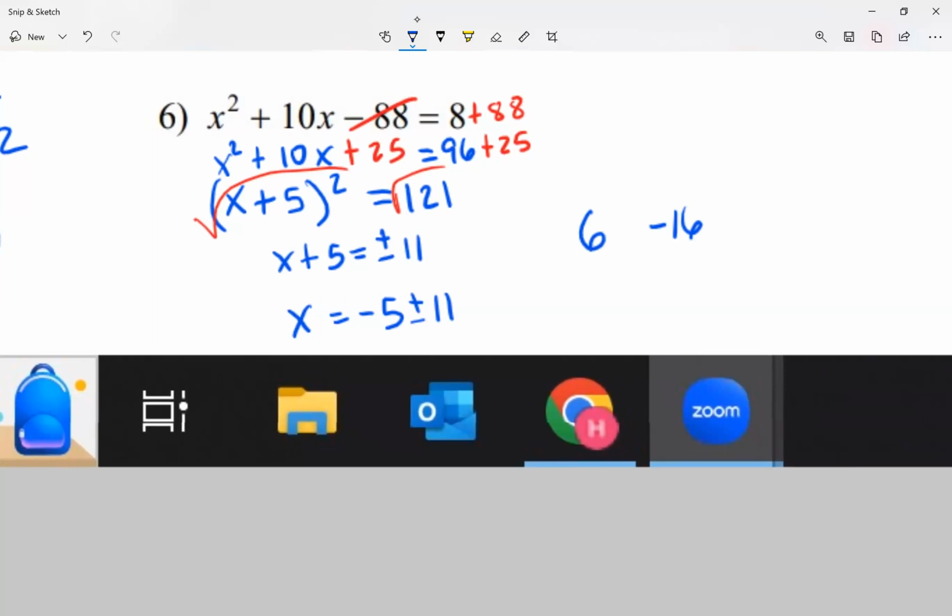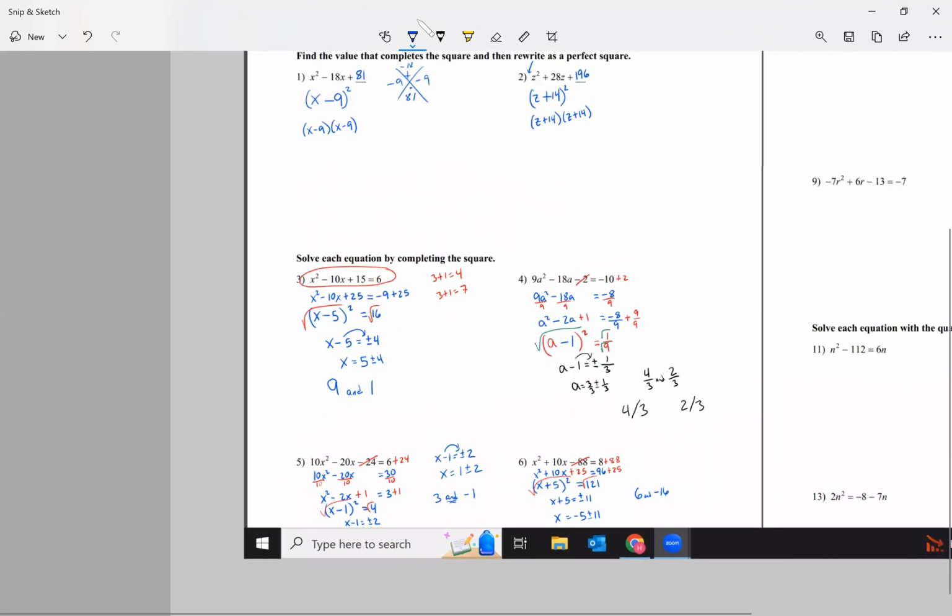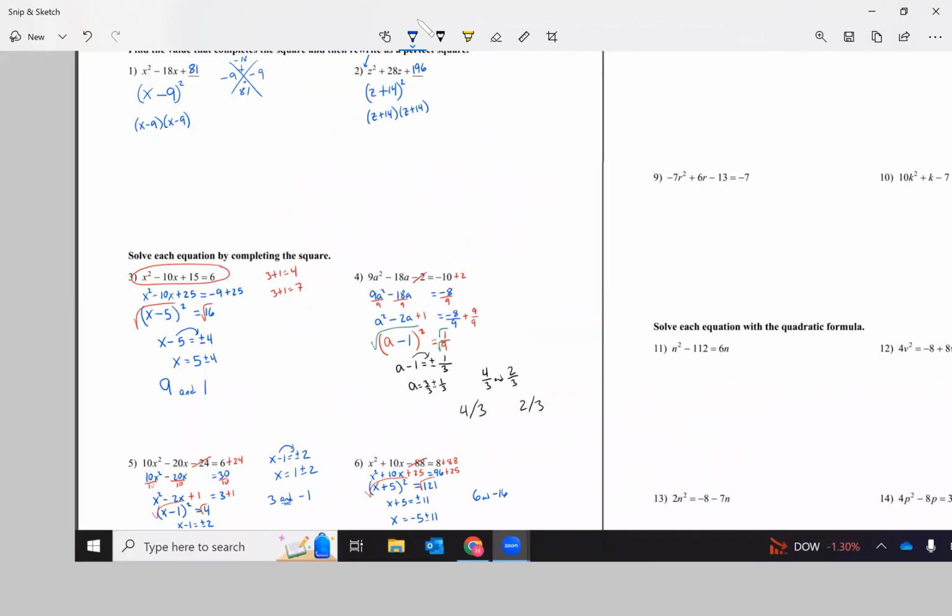Right? Negative 5 plus 11, that's how I got the 6. Negative 5 minus 11, that's how I got the negative 16. When you're solving, you will have two answers. So make sure you have two answers.